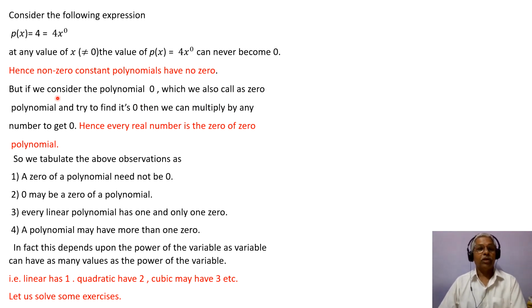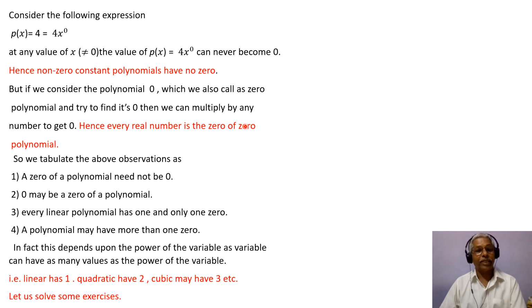If we consider the polynomial 0, which we can also call the 0 polynomial, and try to find the 0, then we can multiply by any number to get 0. This 0 can be multiplied by any number, and we get 0. Hence every real number is a 0 of the 0 polynomial. We are talking about the 0 polynomial and the 0 of a polynomial. So every real number is the 0 of the 0 polynomial.